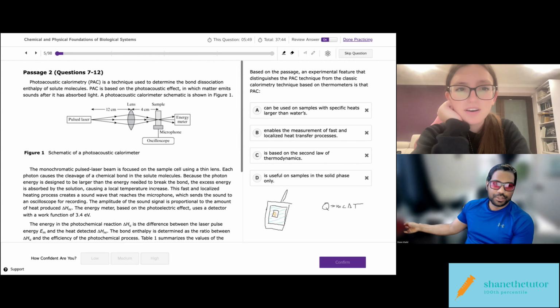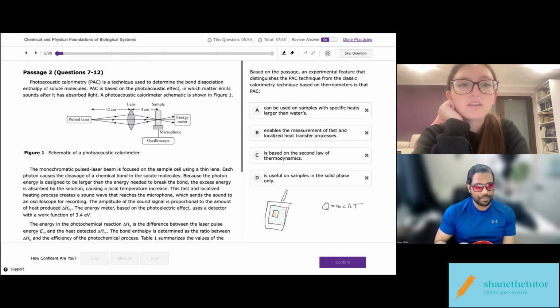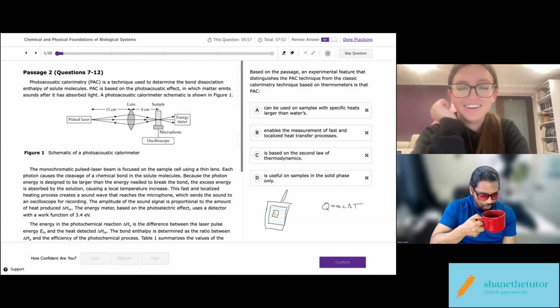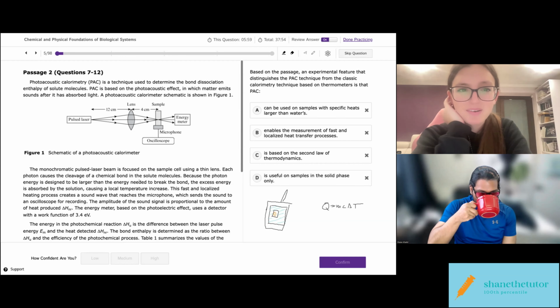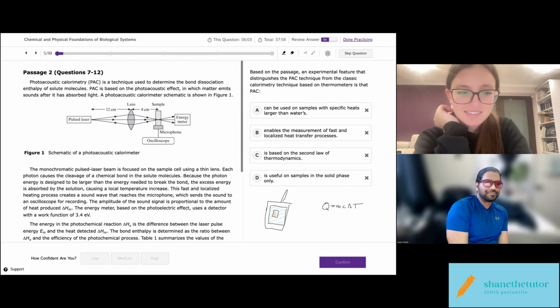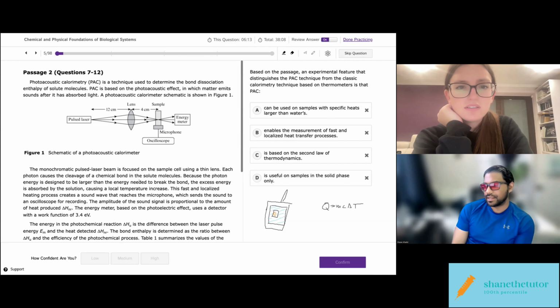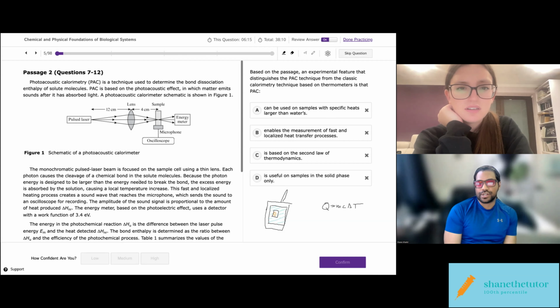So we know the calorimetry part is the energy part, the acoustic part is the sound part, and the photo part is the light, right? There's a lot of factors going on. Then they're saying this is a technique used to determine the bond dissociation enthalpy of solute molecules. That's the energy it takes to break the bonds, right?